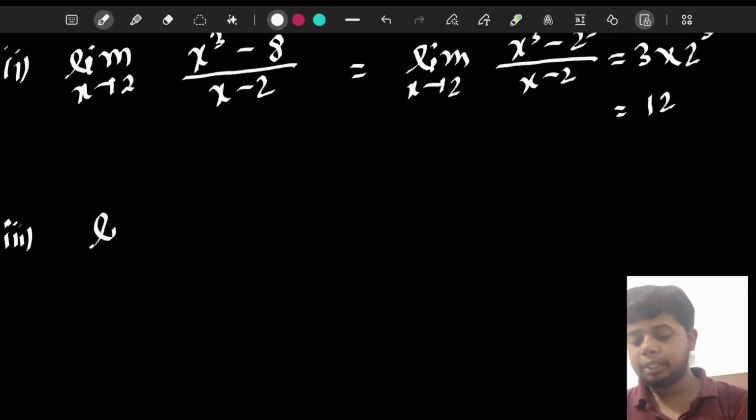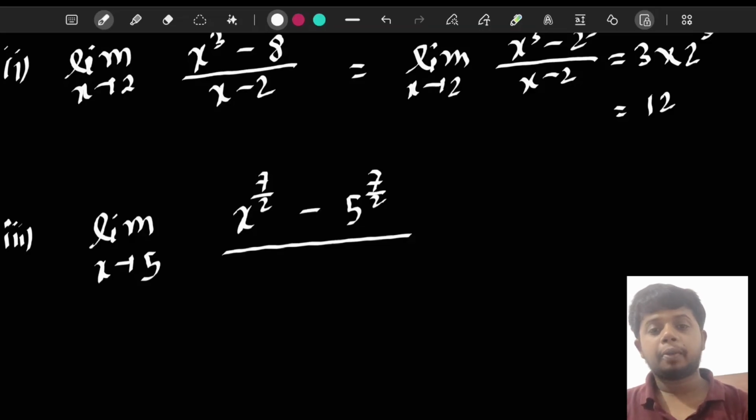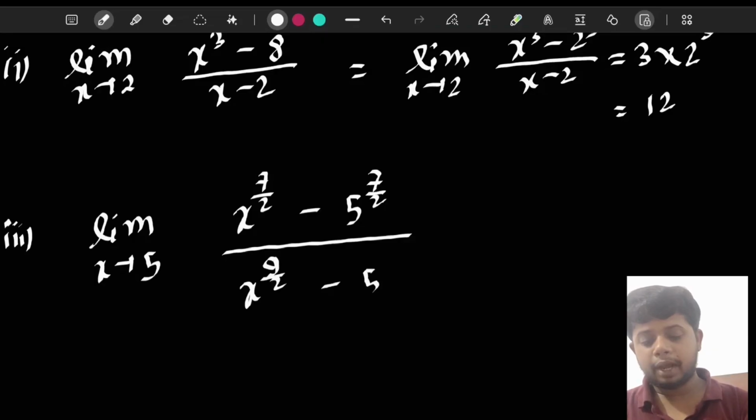Tell me limit x tending to 5, x power of 7 by 2 minus 5 power of 7 by 2, by x power of 9 by 2 minus 5 power of 9 by 2. Try.